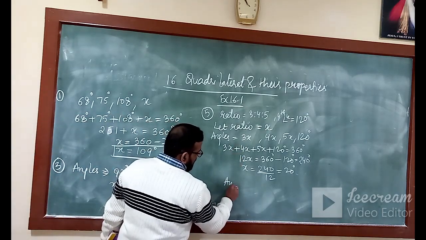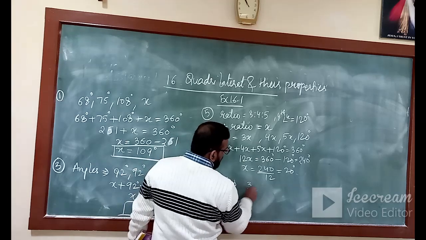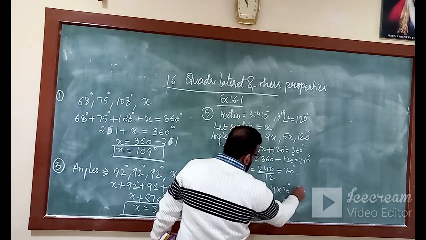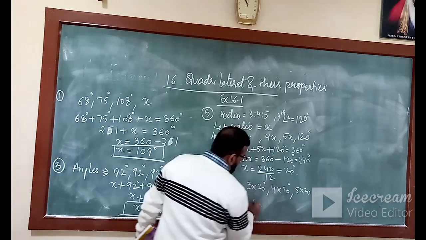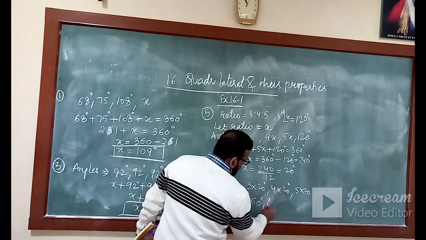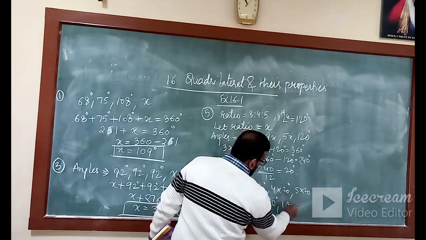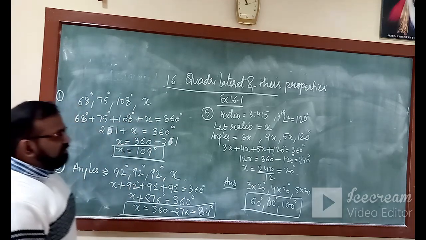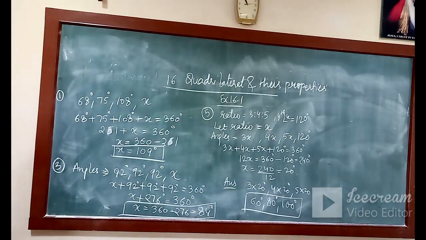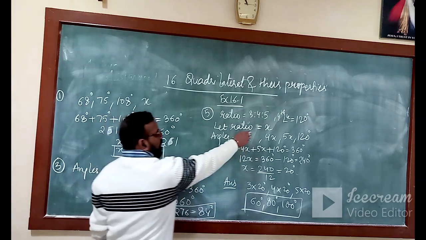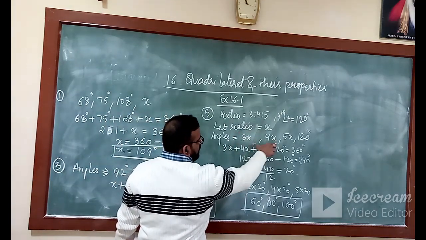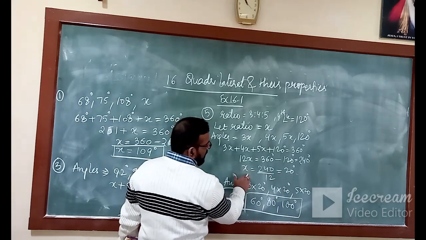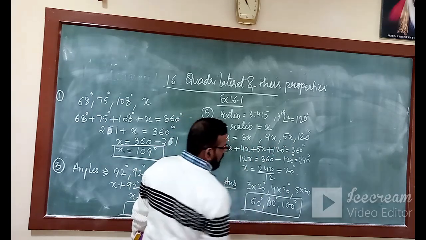So our answer is 3 into 20, 4 into 20, and 5 into 20, that is 60 degrees, 80 degrees, and 100 degrees. So this will be our answer. So in the questions having a ratio, you take the ratio as x, then again you use the angle sum property. For the value of x, you get all the values of the angles.